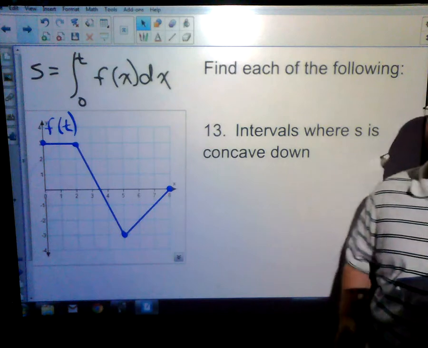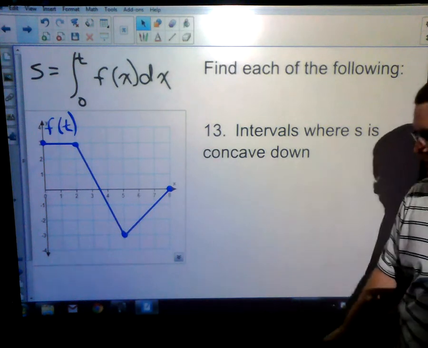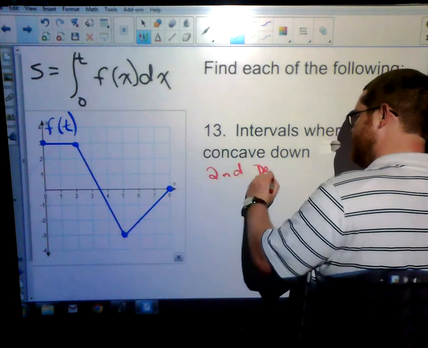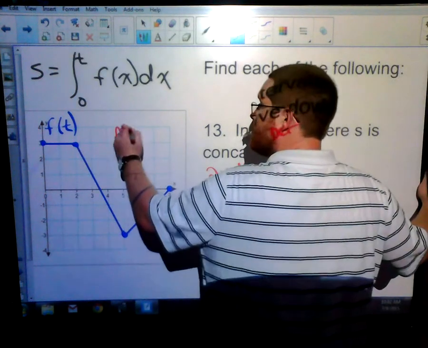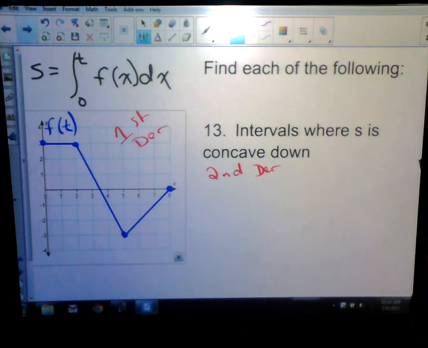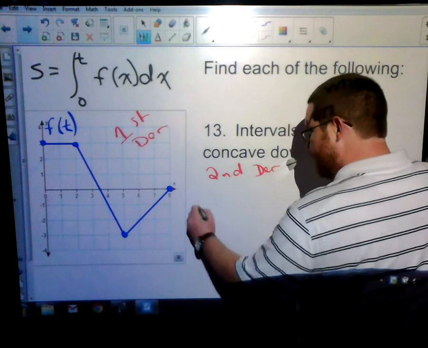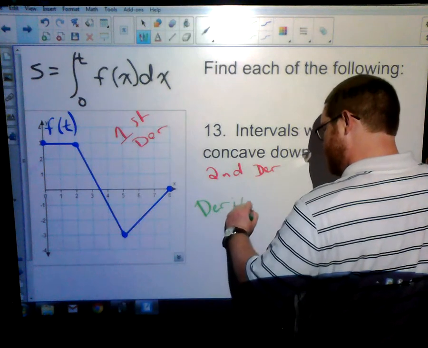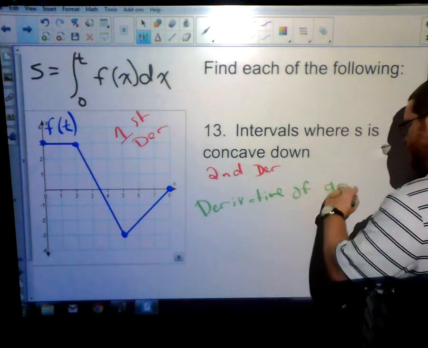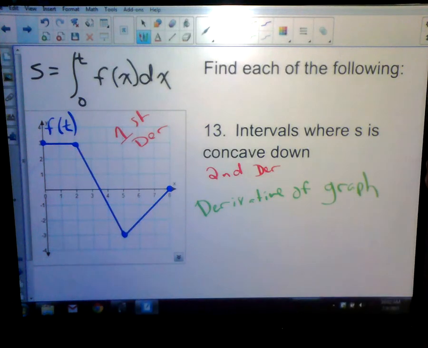Where is it concave down? Now let's talk about this. Concavity comes from the second derivative. This graph is the first derivative. So I really want to know the derivative of the graph, because that would be the derivative of the derivative.